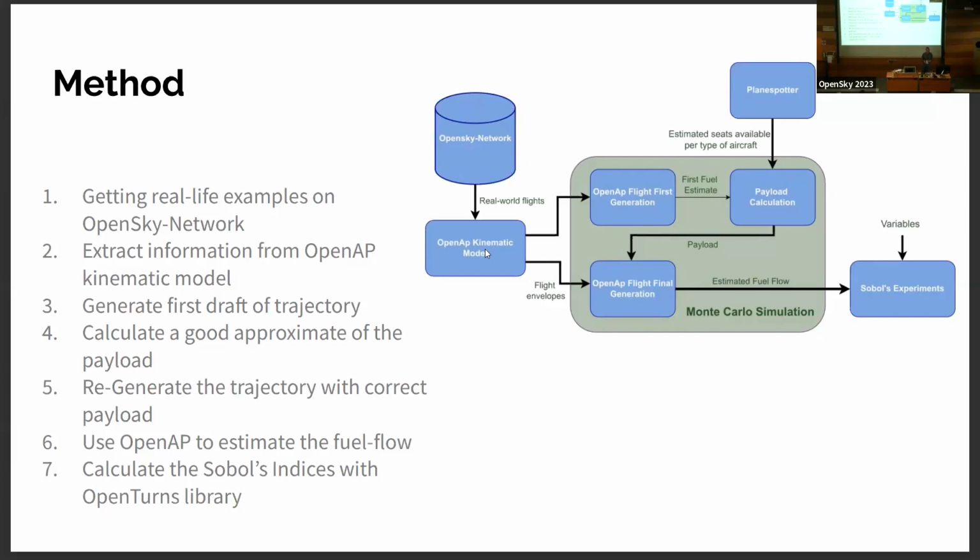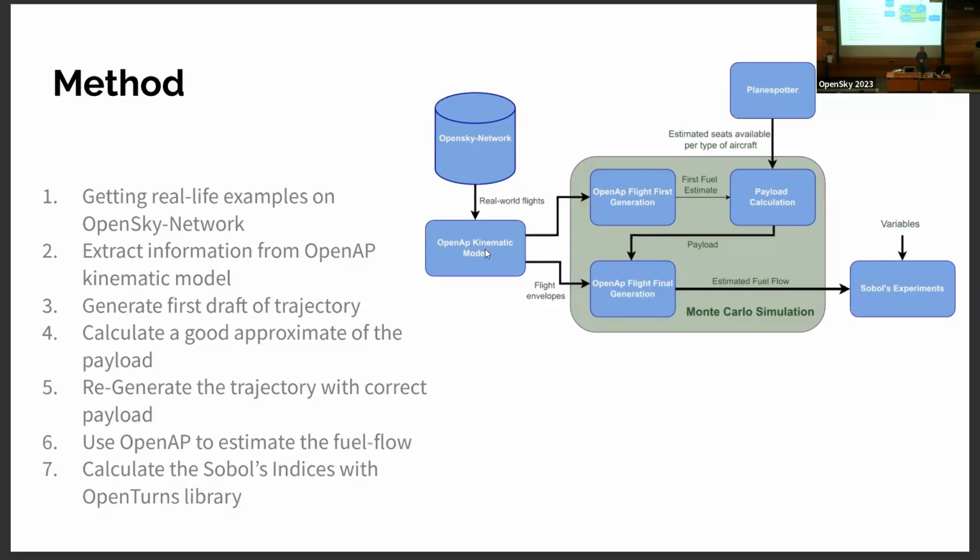So there was the fuel, there was the weight of the passengers, and there is this whole calculation for that. We can talk about it later. From this takeoff weight that I called payload here, we did a second generation, still using OpenAP, which is supposed to be more precise because we are supposed to be using a little bit better takeoff weight.